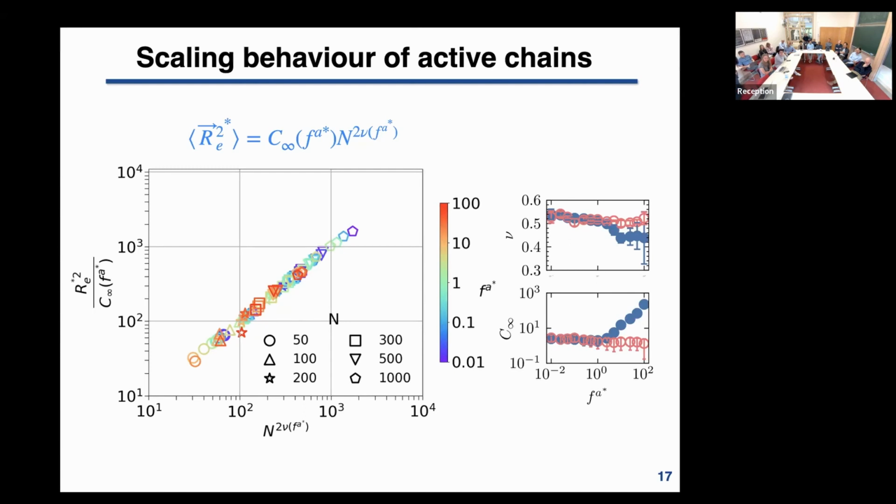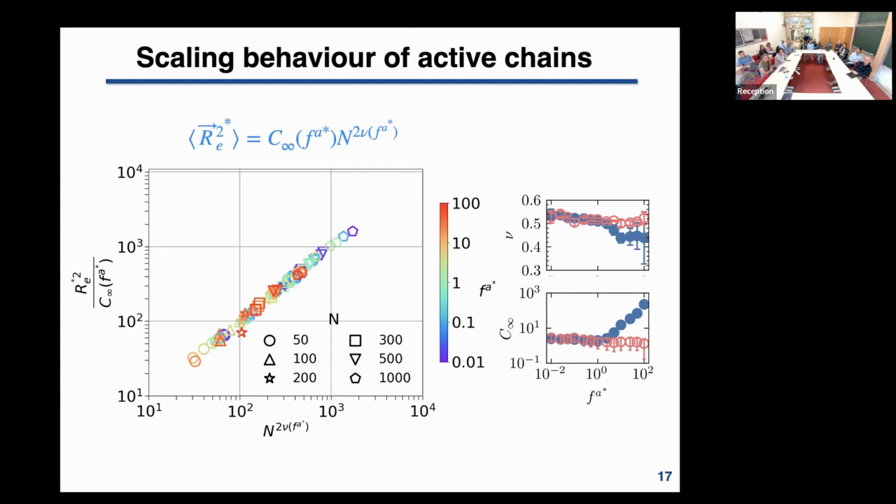The case of underdamped is the red one. It's not changing the stiffness because we are doing a fully flexible polymer. We don't have any bending stiffness. And for the overdamped case, the stiffness goes up, and that's what you could see from the video.